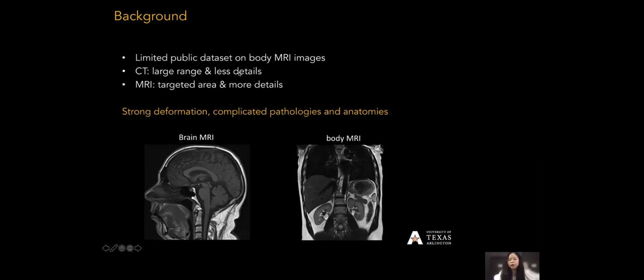When the patient is taking an MRI scan, we're usually targeting a small area with more detail. So in one sentence, a body MRI usually shows strong deformation because of the changes in the different organs in the abdomen and chest, and it also has more complicated pathologies and more complicated anatomies.